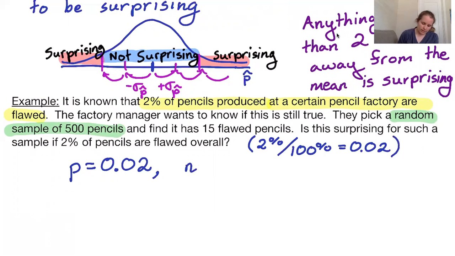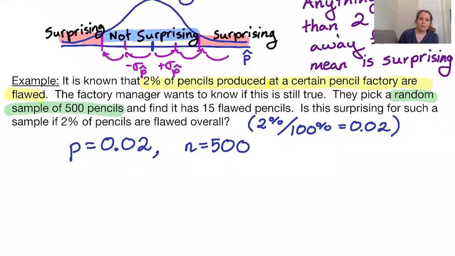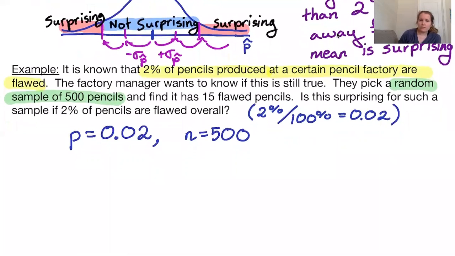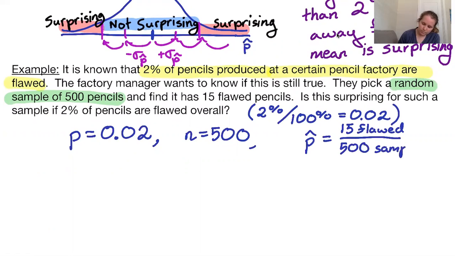Our sample size n was 500. We have a little more information here. We can figure out our sample itself. So our sample proportion p hat, we had 15 flawed out of our 500 sampled, and this winds up being 0.03.